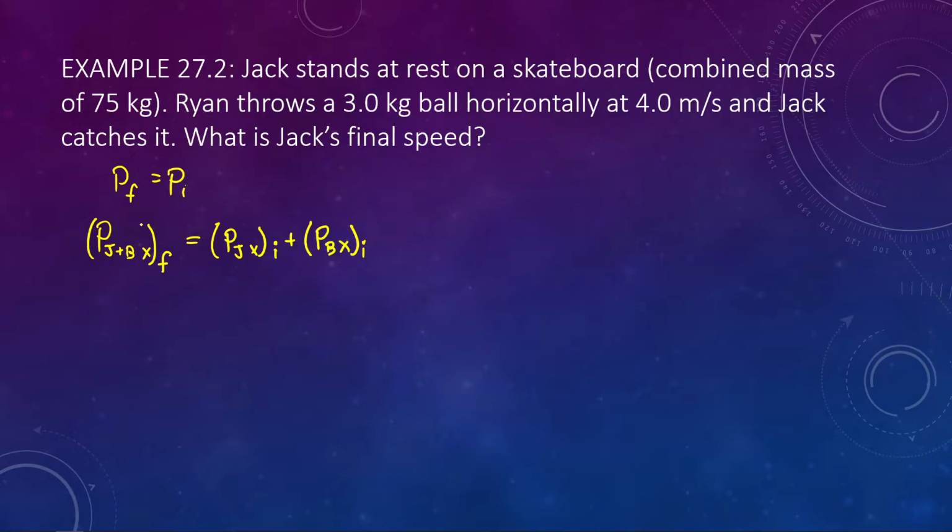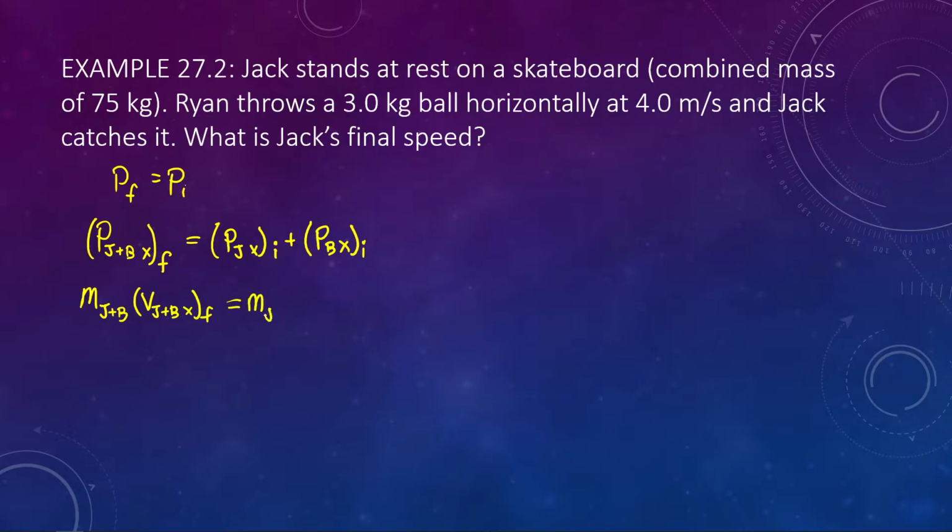So keep in mind that at this point we expand even further because we're not given momentums, we're given masses and speeds. So this is going to be the mass of Jack plus the ball times the velocity of Jack plus the ball in the x direction final equals the initial values.